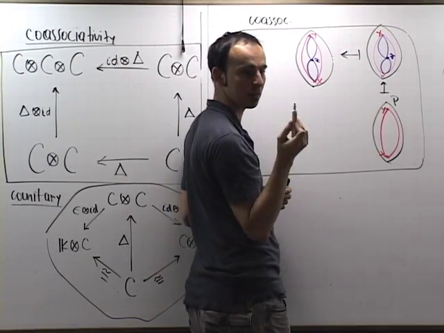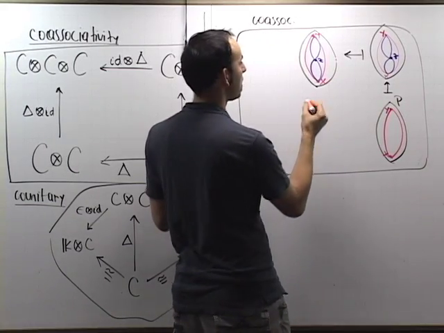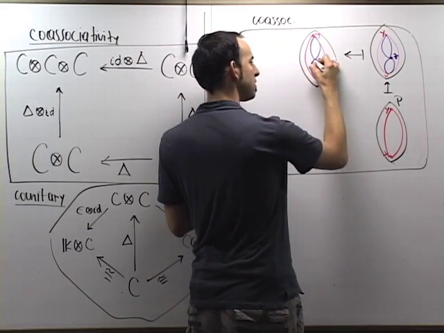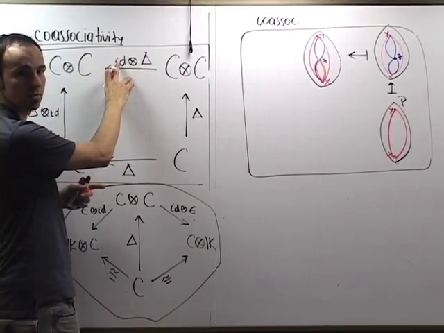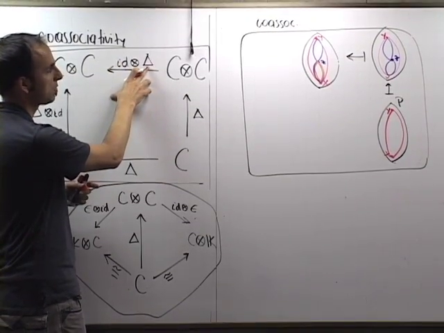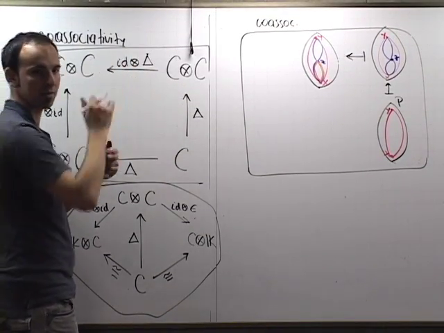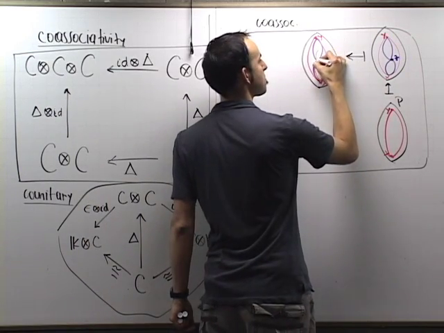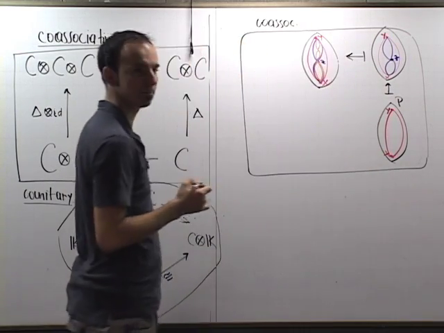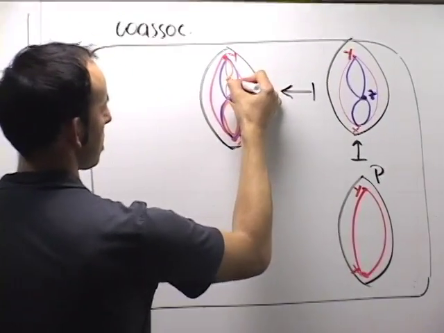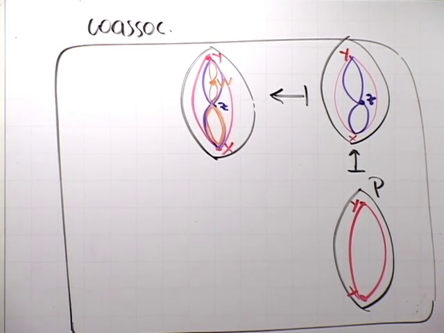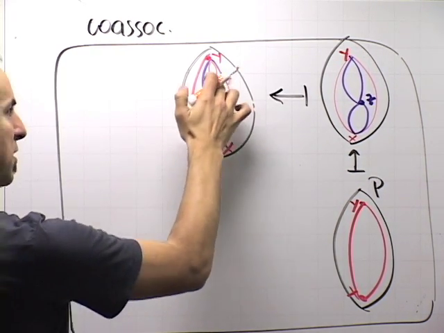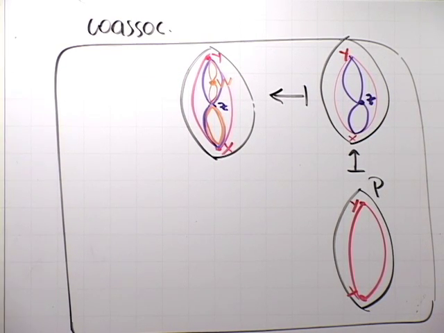So I'm going to draw in orange the result. I wish I had a more different color, but I don't. So here I just get this in orange. That's what this identity does. It leaves the first component alone. What does this do? It takes the top half and splits it into two pieces. Okay. It just goes over all the maybe w's here. And it does that. And so what I get is the sum of the coproducts of this tensor, this tensor, this. Okay. And maybe you can kind of see why this is going to be coassociative.